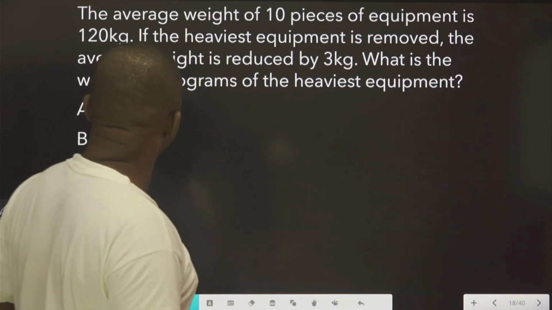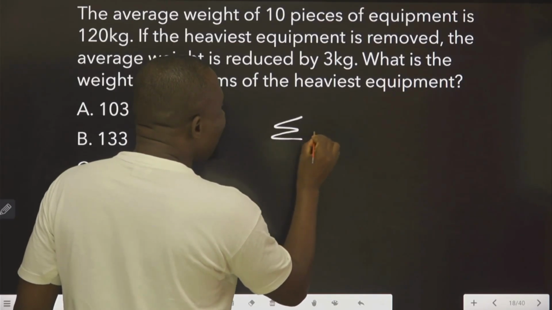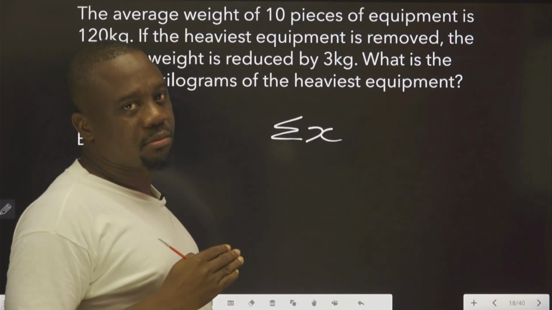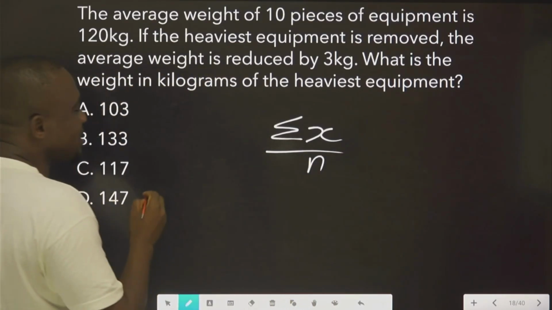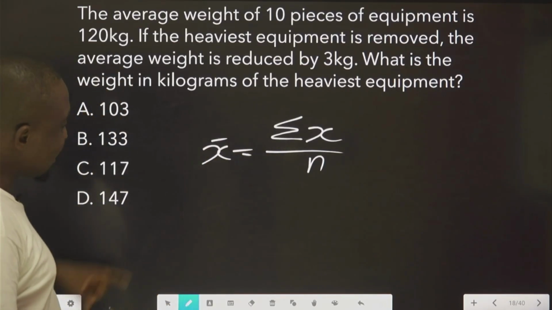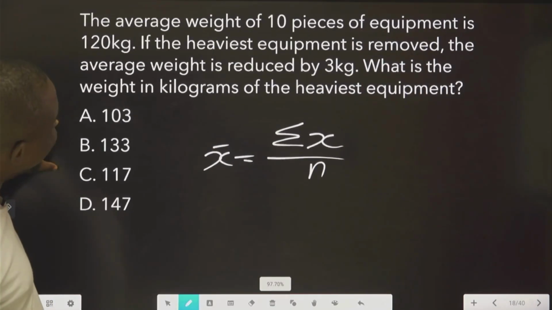Look at it. You agree with me? The sum of all the observations or items over n is equal to the mean. Mean is also average. Now, the question says 10 items.